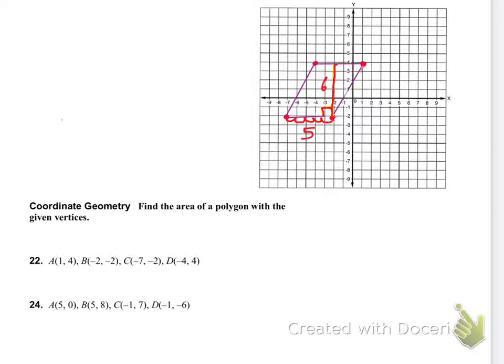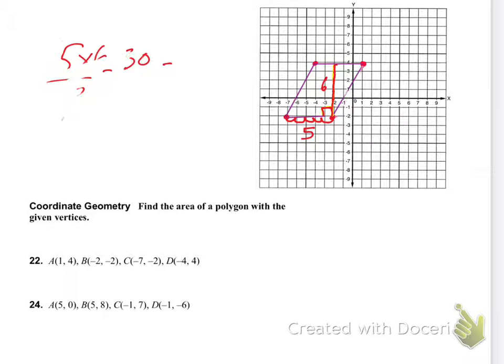So I would do 5 times 6 over 2. So that's 30 over 2, which gives me 15. We don't have certain units, but, oh wait, hold on, I just did triangles. What am I doing? Sorry about that.